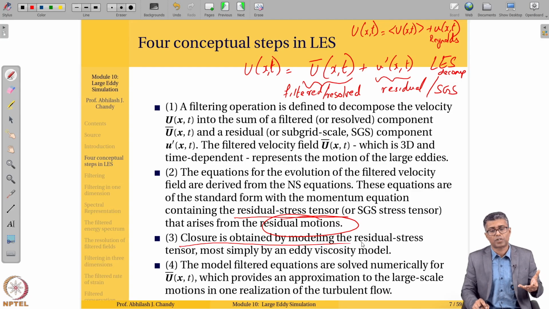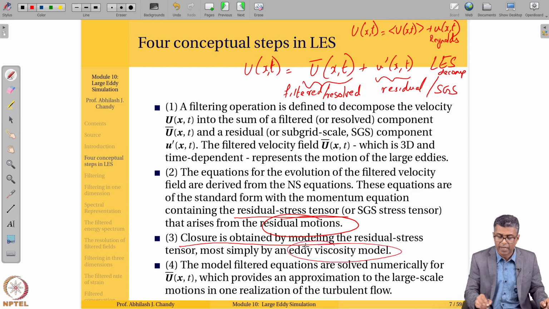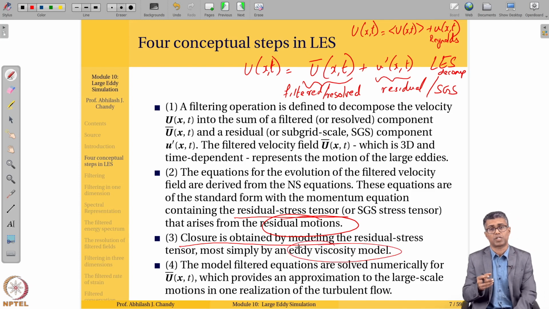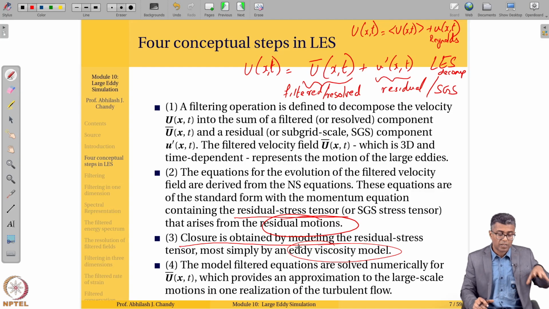And the simplest form is what we call an eddy viscosity model. The Smagorinsky model is an example of an eddy viscosity model. There are other eddy viscosity models out there, but the Smagorinsky model is a widely used, very popularly used eddy viscosity model. This model is used to close out the residual stress tensor that pops up when the Navier-Stokes equations are filtered.